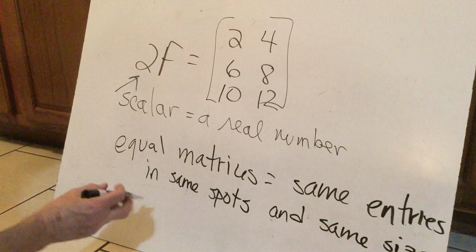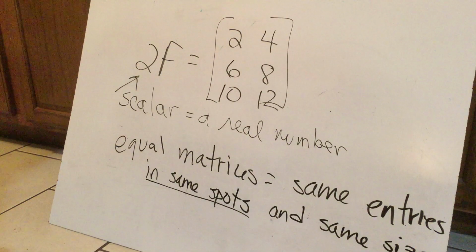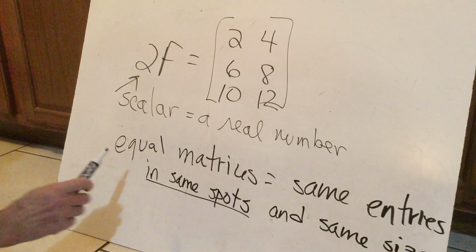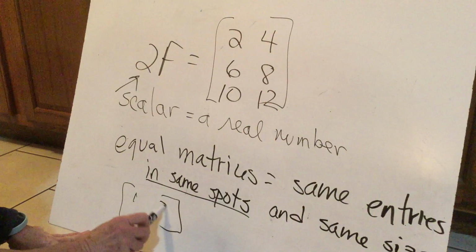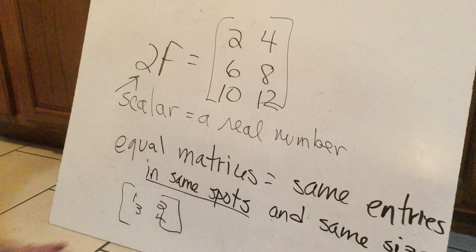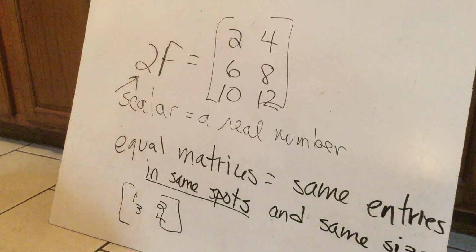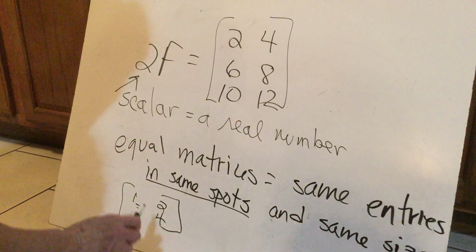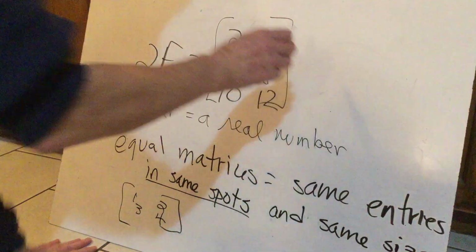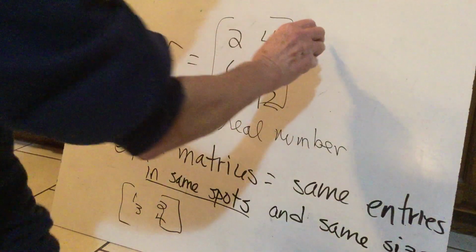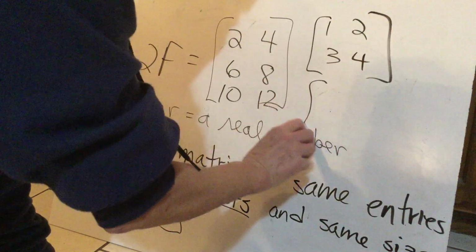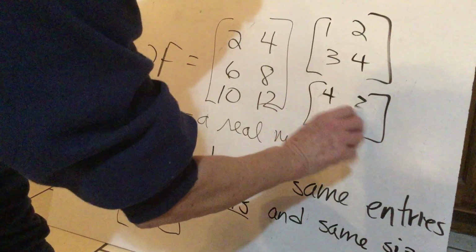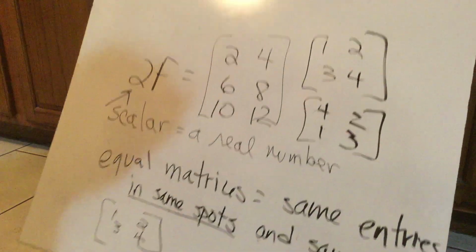Now, the reason it's important to include this, sometimes we just say, oh, they have the same entries. Well, you have to be careful, because it would be possible to have this matrix and this matrix. Let me do it up here. And they have the same entries.